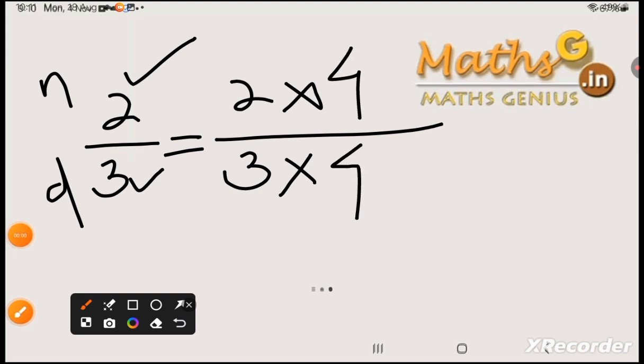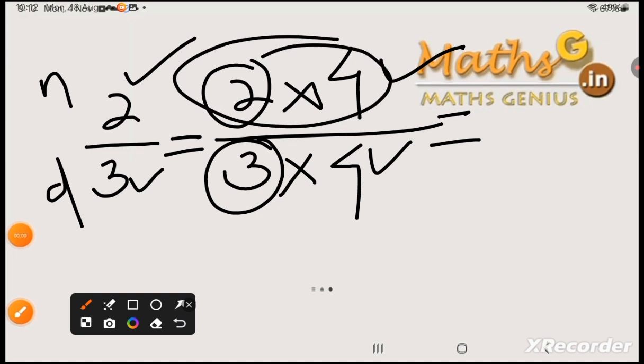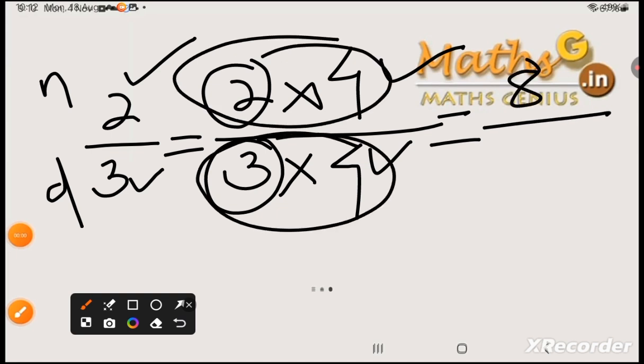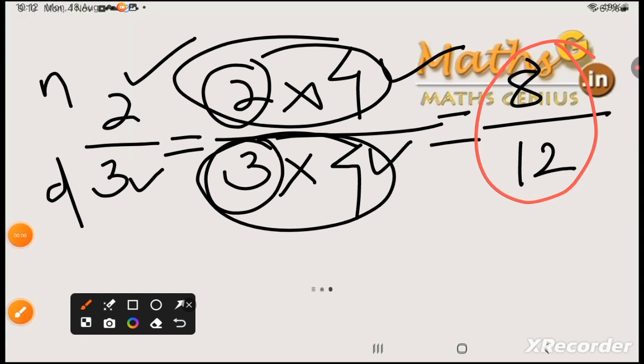I am multiplying the numerator with 4 and the denominator with 4 again, the same number. So 2 4s are 8, 3 4s are 12. So we got 8 by 12, by multiplying the numerator as well as the denominator with the same number 4.